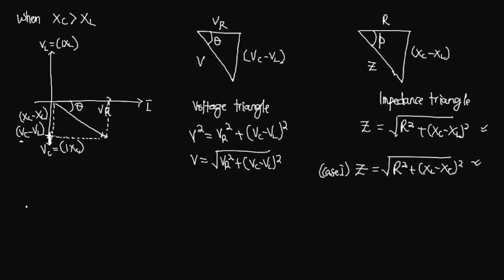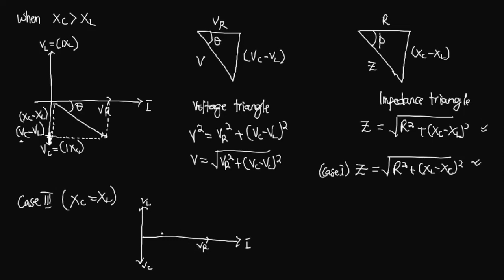Now the third case, case 3, is when we have XC being equal to XL. When we have that case, it means that our phasor diagram is going to look something like this. We have our VL over here, we have our VC over here, then we have our current here, and we have our VR lying in this direction.